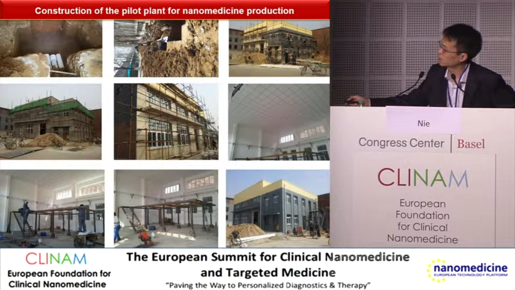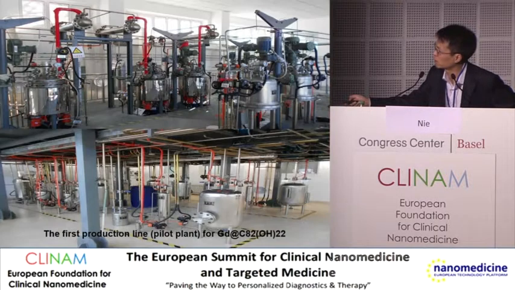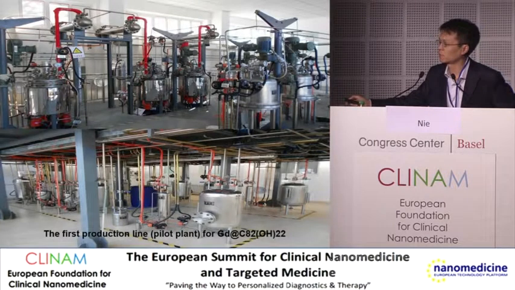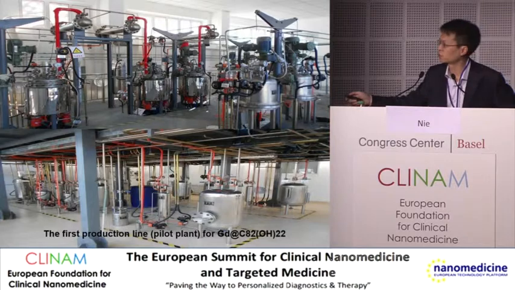We set up a dedicated facility room just to make enough of such structures for preclinical and clinical study. Now the whole system has been set up and is running. I think the capacity to make these gadolinium fluorine structures is about 0.1 to 1 gram per year. But it's good enough for us as a pilot plant to make enough of such structure.